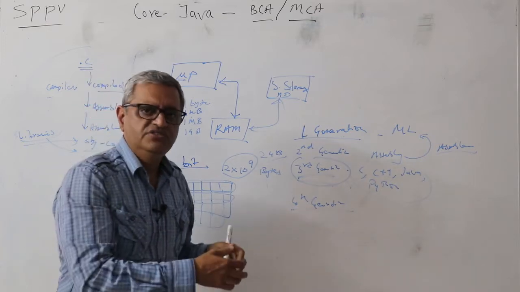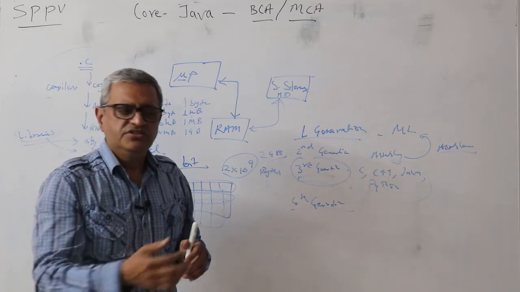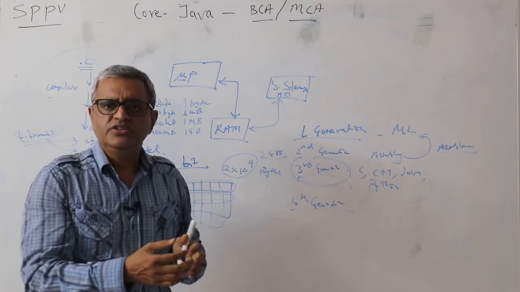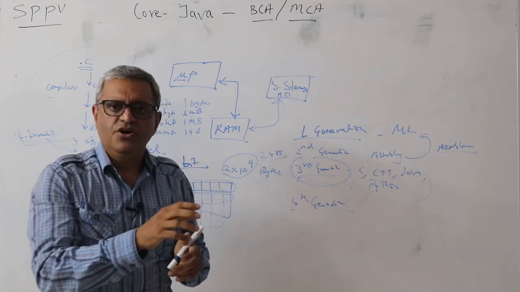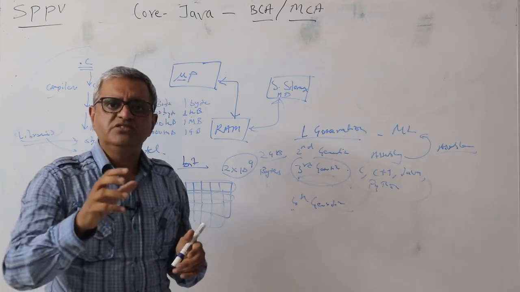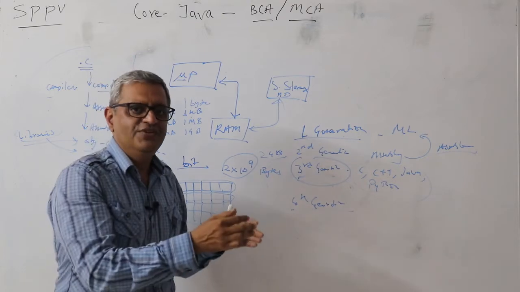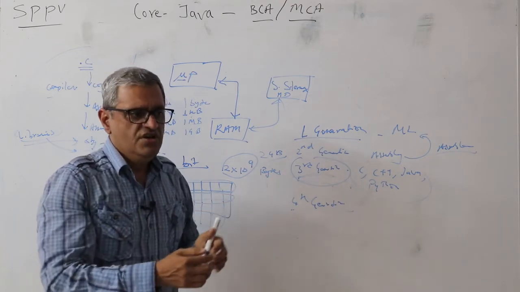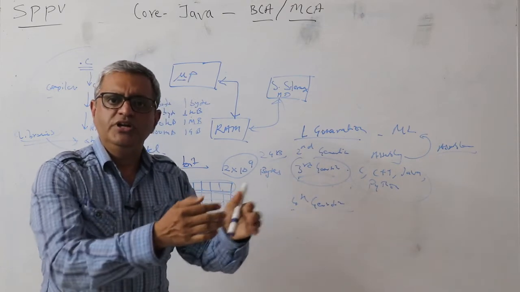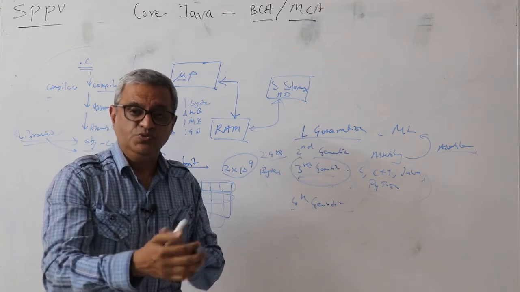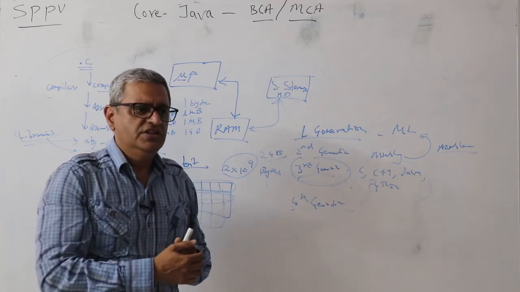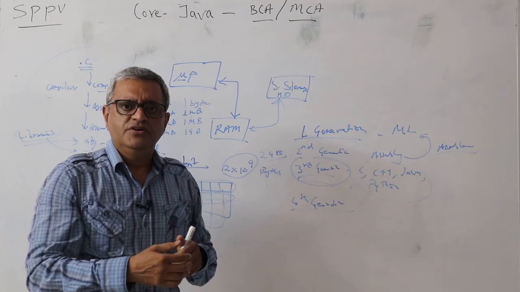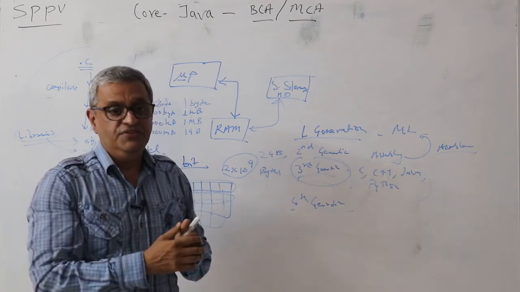If I consider array and structure, an array is nothing but a collection of elements of similar data types. So you can have an array of integers, or an array of floating point numbers, or an array of characters which becomes a string. A structure is where you can have members of different data types.